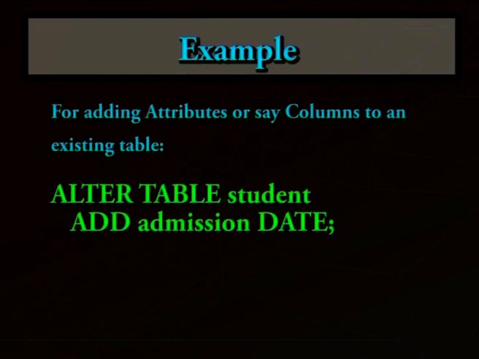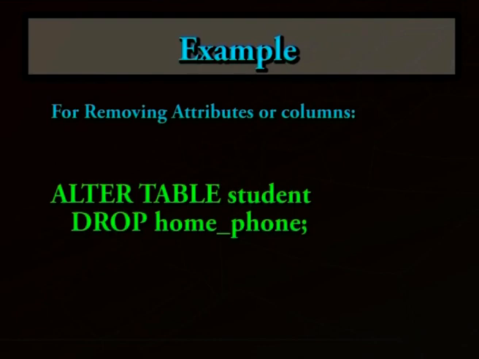Date data type specifies that the particular column will save data of date type. For removing attributes or columns, look at this example: alter table student drop home_phone. So, this statement will delete the column home_phone from the table student.